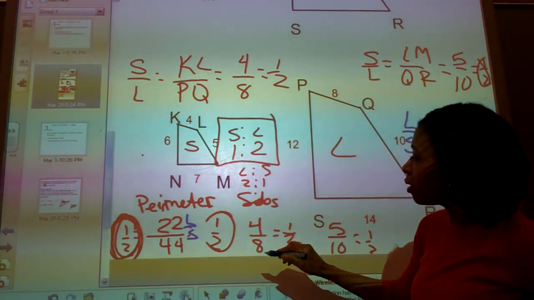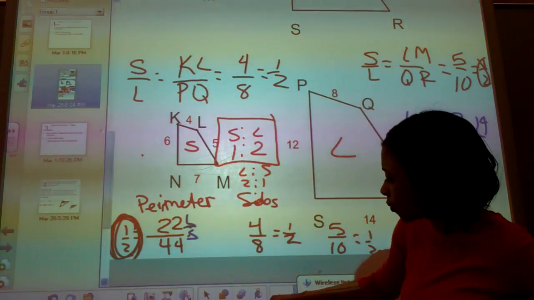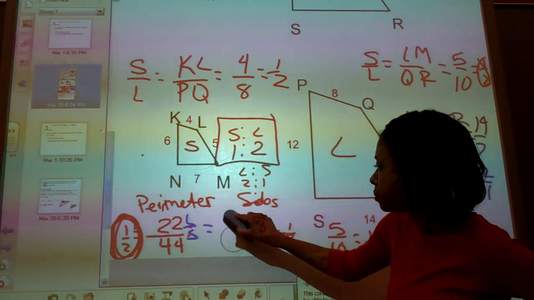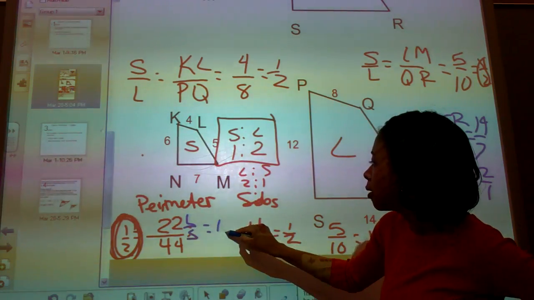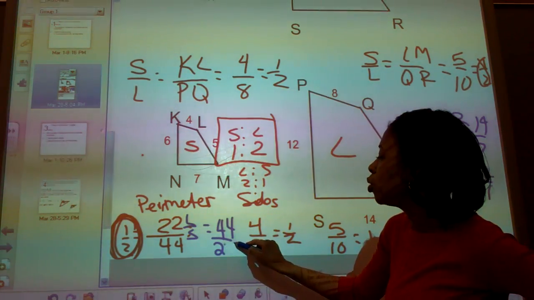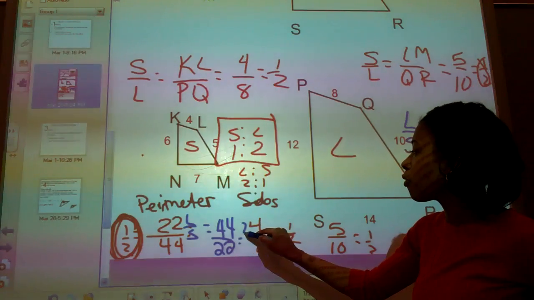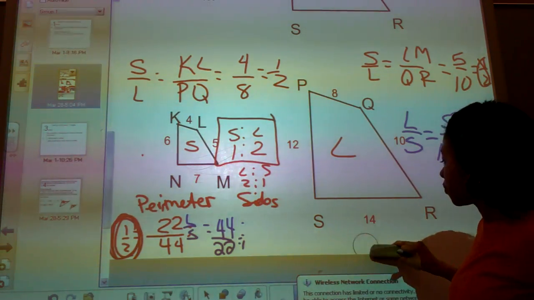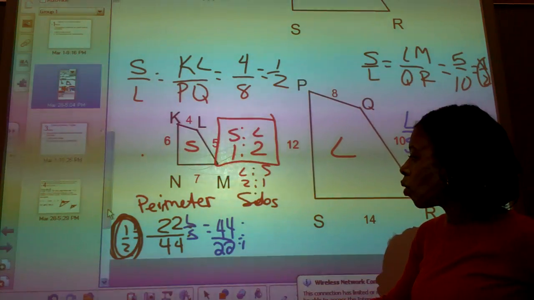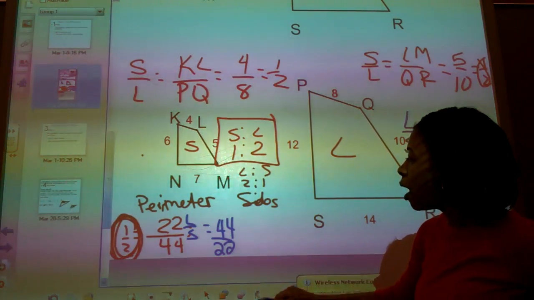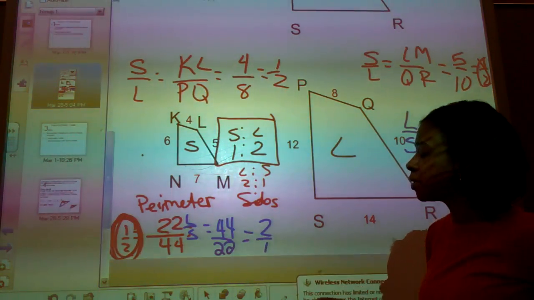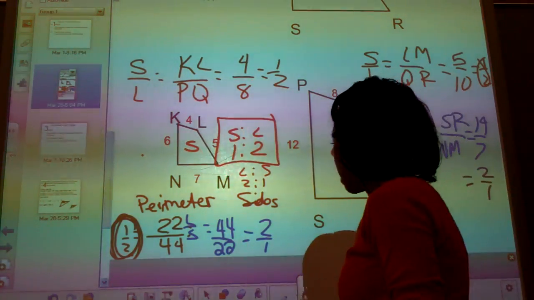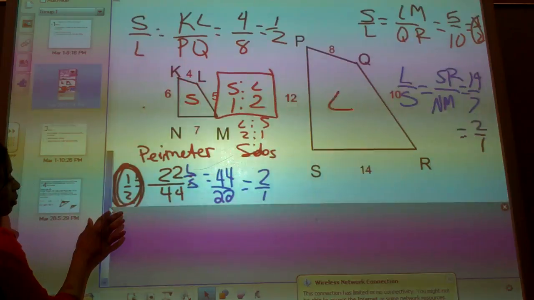It would be 44 over 22. See? I'm just showing you that order does matter. It's going to be 2 over 1. So be careful about the way a person calls something out to you, if they say small to large or large to small. Okay? Next item of business.